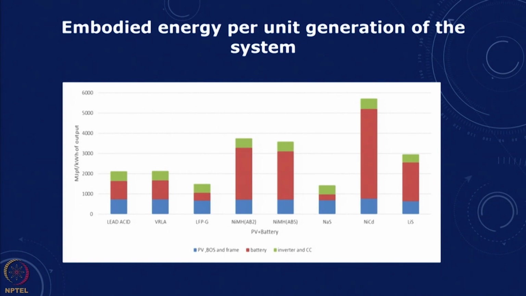The interesting thing to see is that per kilowatt hour of output, this is like the CED, which we talked of, the cumulative energy demand. What is the energy input per kilowatt hour of output? This is not including the solar insolation which is there.